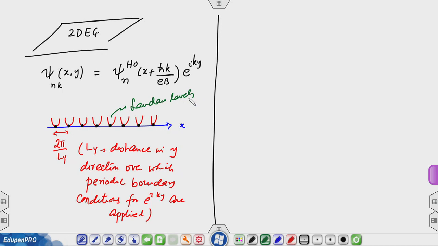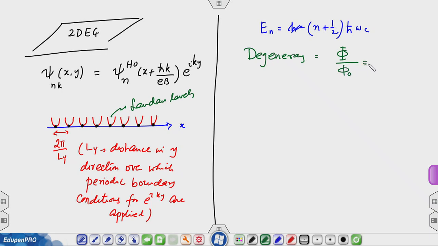And because there are so many of them, each with energy E n equals n plus a half h cross omega c, there is a corresponding degeneracy that will be all the levels together, and the degeneracy is equal to the flux over phi naught, which is e B over h.